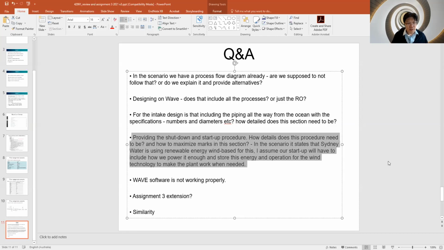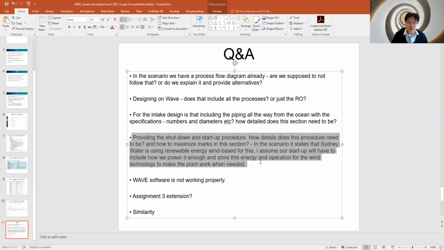Also, the next question is about providing the shutdown and startup procedure. How detailed does this procedure need to be? And how to maximize marks in this section? In the scenario, it states that Sydney Water is using renewable wind-based energy for this. I assume our startup will have to include how we power it enough and store this energy, and the operation of the wind technology to make the plant work when needed.